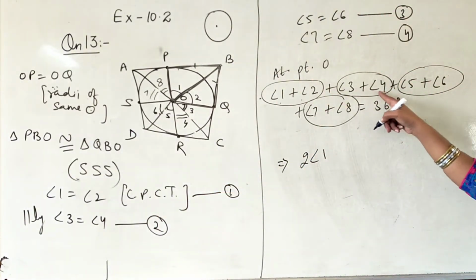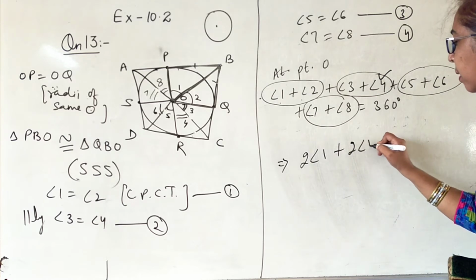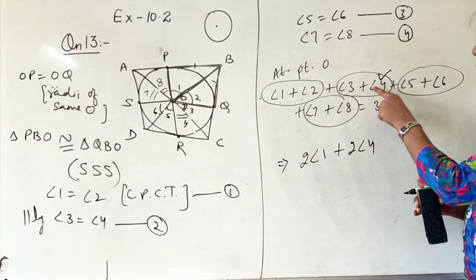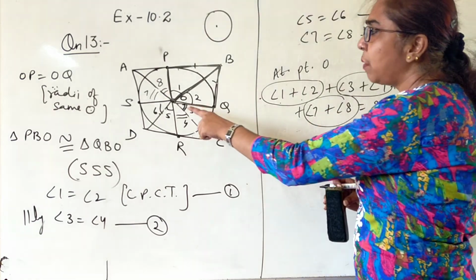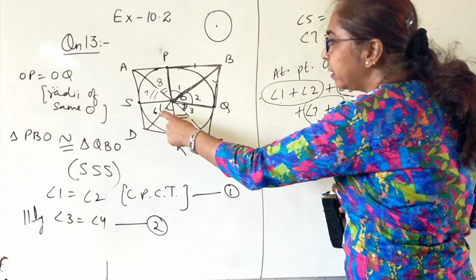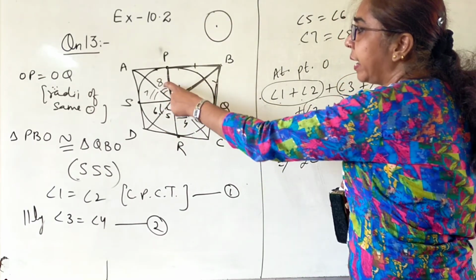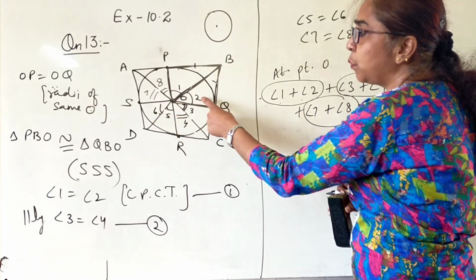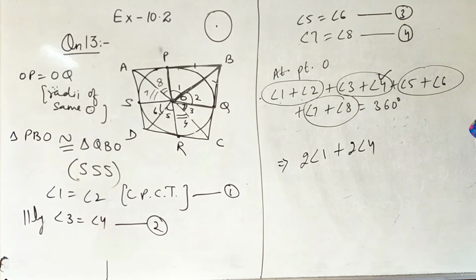In the same way, this I can write as twice of 4. Why have I written 4 and not 3? Here also you have to note down, because I want to get the angle AOB and this angle DOC first. And in AOB there are 1, 8, 4 and 5. So I have to remove 2, 3, 7 and 6. Okay, so you just take care which angles we have to remove.